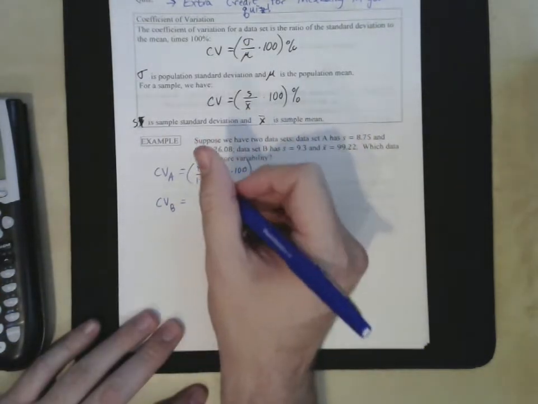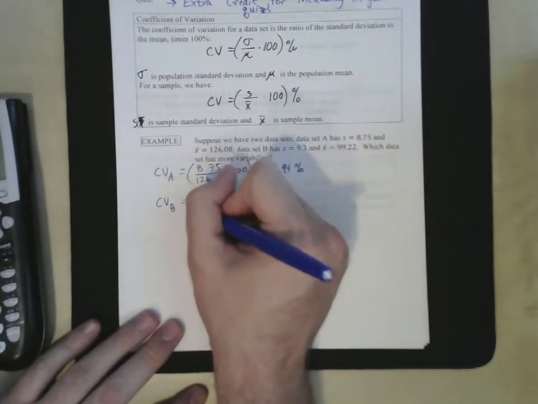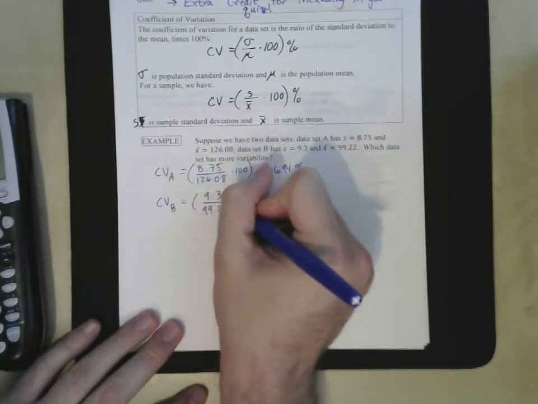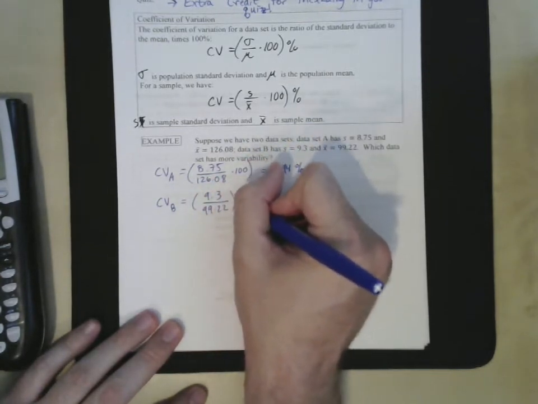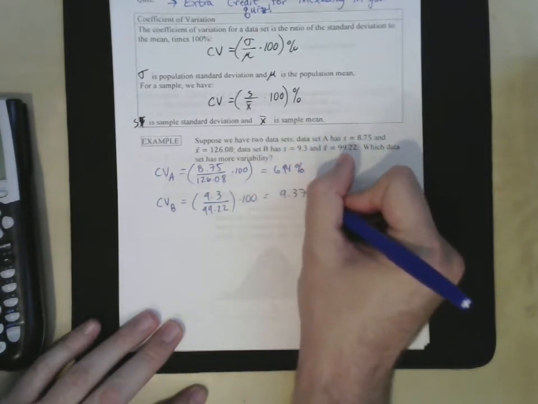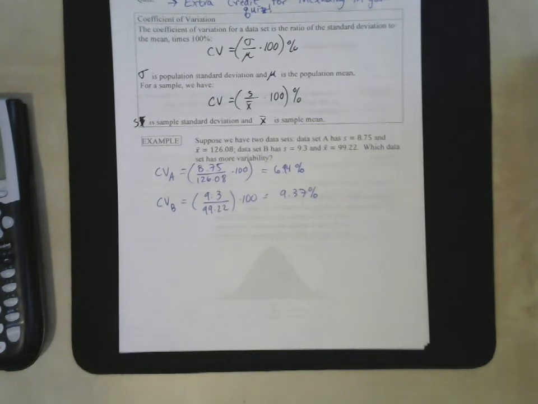And the coefficient of variation for set B is 9.3 over 99.22 times 100, and this is 9.37, and this is percentage.